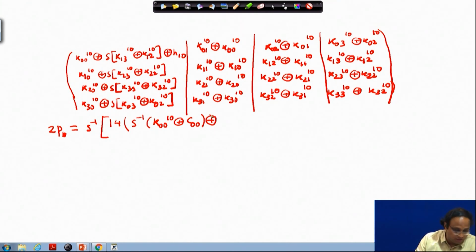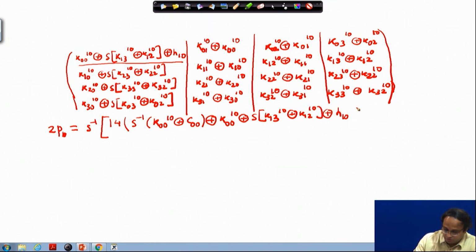The 9th round key, as you can see, is here, expressed using the 10th round values. So if we plug in over there, you get K00 10 XORed with S times K13 10 XORed with K12 10, and XORed with H10. So that gives you essentially this part.